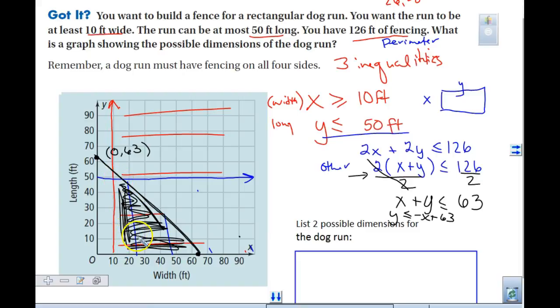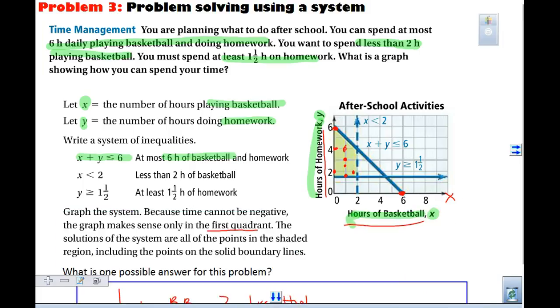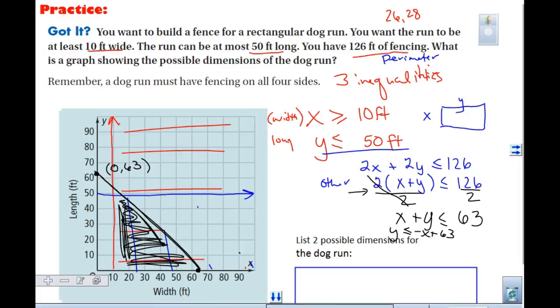It is a trapezoid. Because there's a question in your homework that says, like, what's the shape of the region, okay? If I was looking at the one before this, when we did this shaded region, this is also a trapezoid, right? If it would have been in here, it would have been a triangle, right? So there's some in your homework that ask you, like, what's the shape after you do the shaded region? So what are possible dimensions?